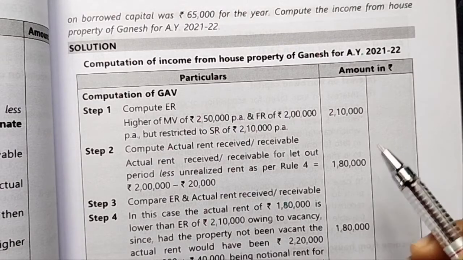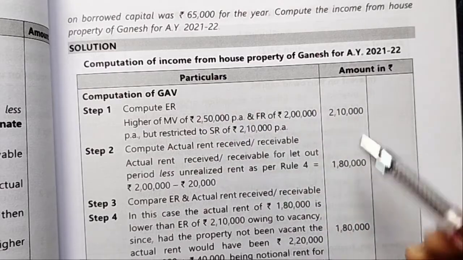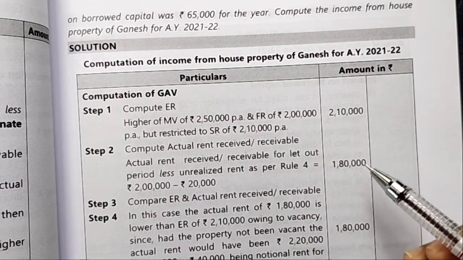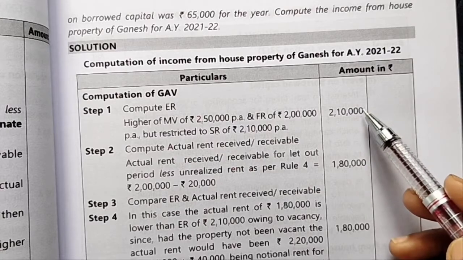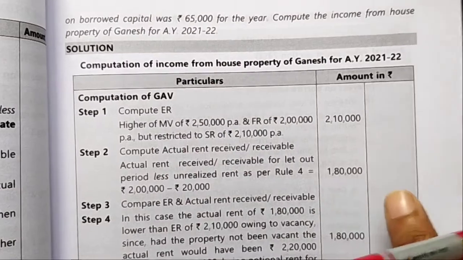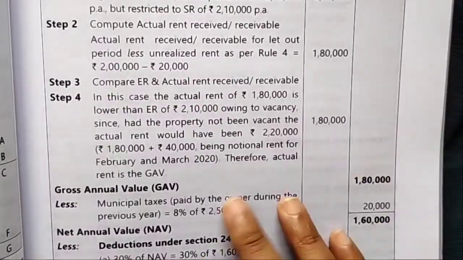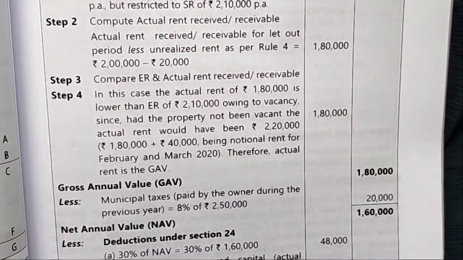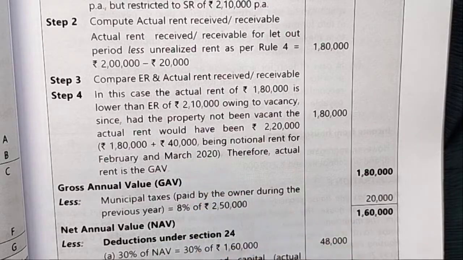And that 2,20,000 is more than the expected rent, 2,10,000. So here the actual rent is lower than the expected rent due to the vacancy. If the property was not vacant, the actual rent would be more than the expected rent, as 2,20,000 is more than 2,10,000. So the gross annual value will be the actual rent received or receivable, that is 1,80,000.